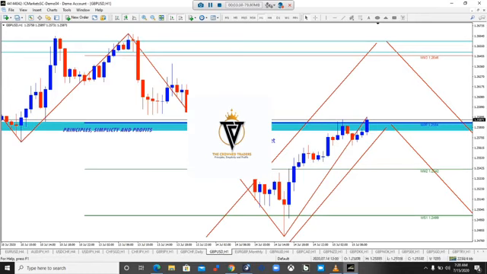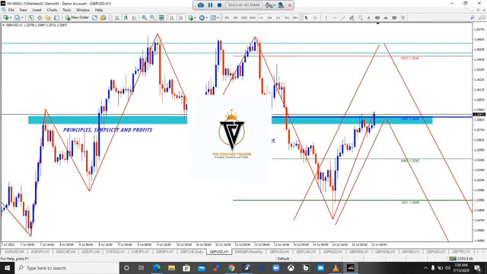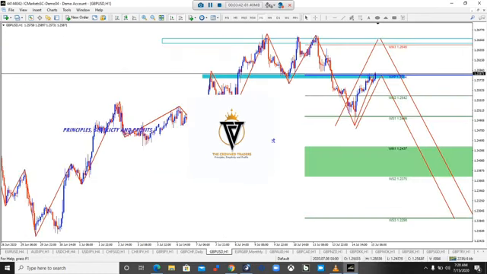If we go to the 4-hour or 1-hour time frame, we also see that price moved in that structural impulsive and corrective wave, as the case may be, and it has come to rest on our weekly pivot point on the 1-hour time frame.